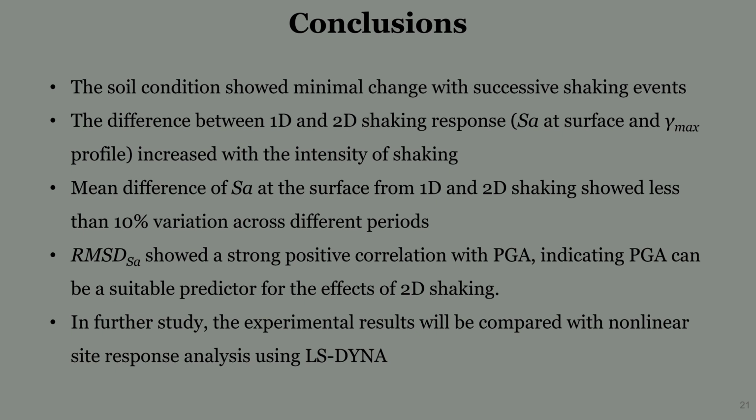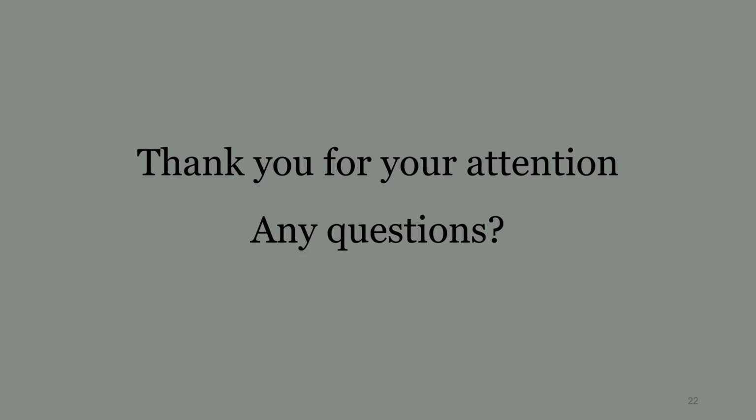The root mean square difference had a very strong positive correlation with the peak ground acceleration, indicating that PGA can be a suitable predictor for the effects of 2D shaking. In my further study, I will use these experimental results to compare with nonlinear site response analysis using Elestina, to validate my numerical as well as experimental work. Thank you. If you have any questions, I'll be glad to answer them.